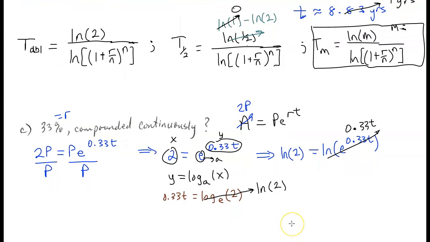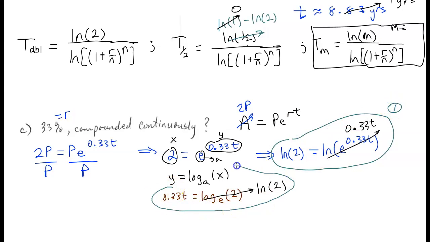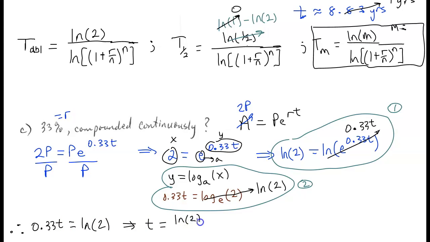So no matter how you get there, whether way number 1 or way number 2, you'll eventually get to the point where you have 0.33t is equal to natural log of 2. And to get our final answer, we just divide both sides by 0.33.